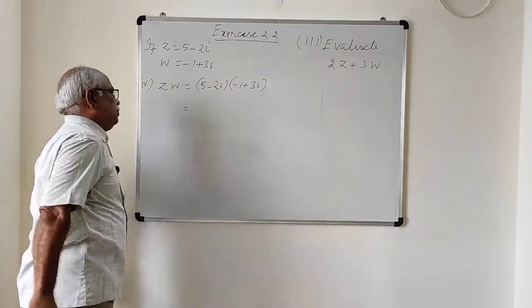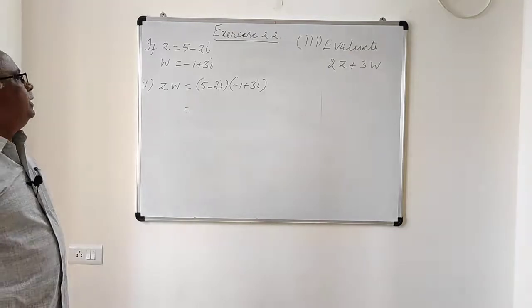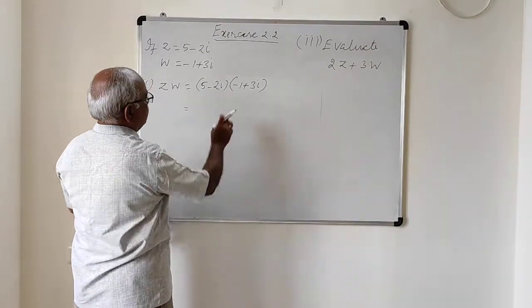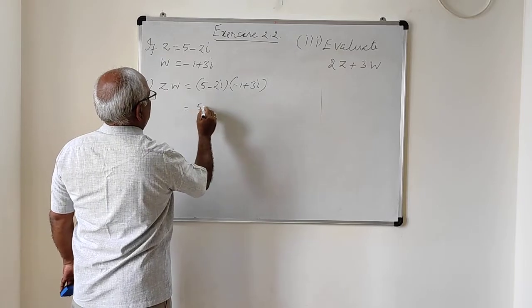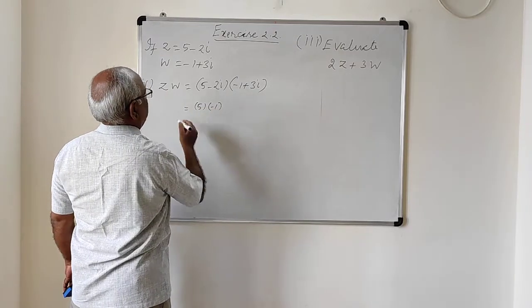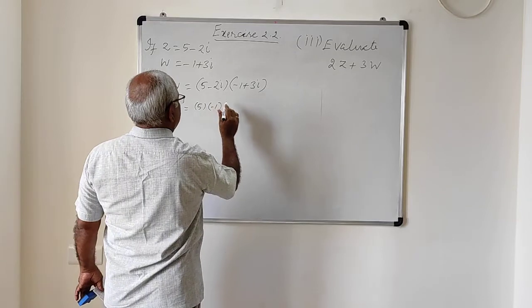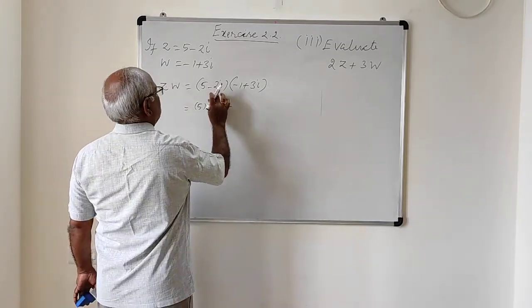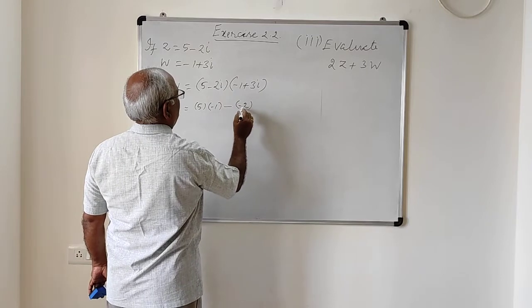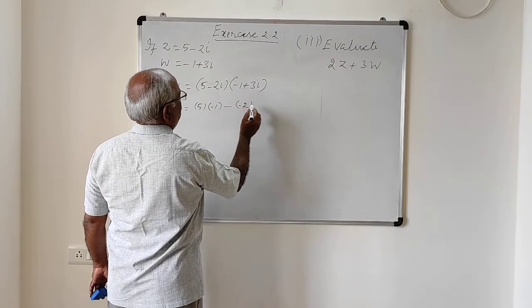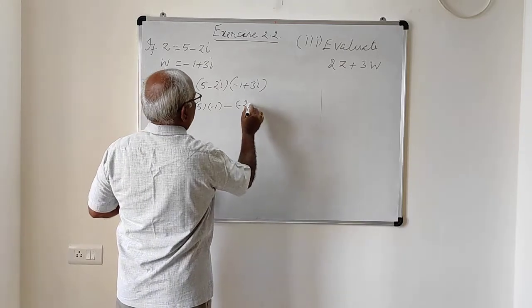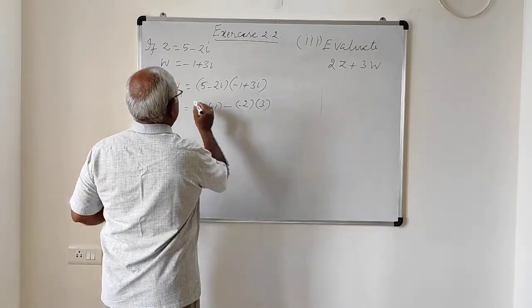As per our multiplication principle, which we have seen in the beginning, x1 x2 is 5 into minus 1, minus y1 y2, where y1 is minus 2 and y2 is 3, so y1 y2 is minus 2 into 3. This is the real part.